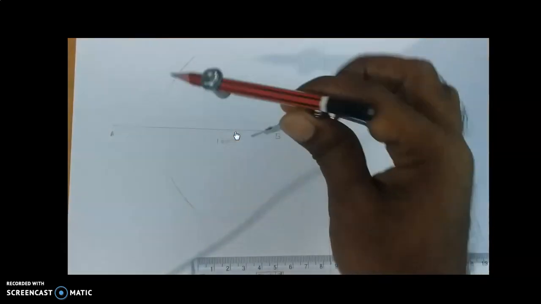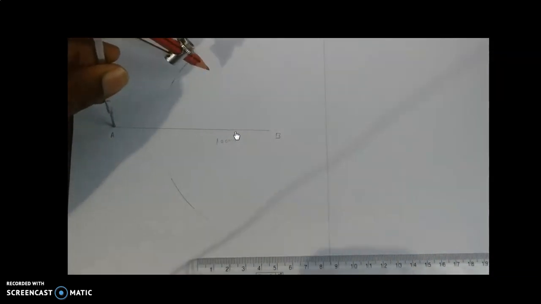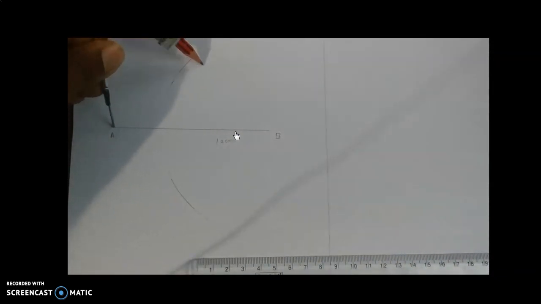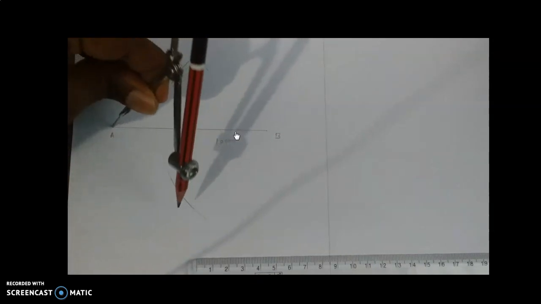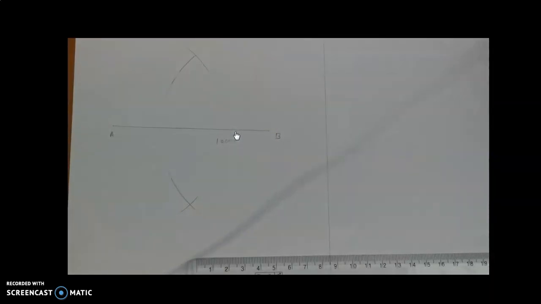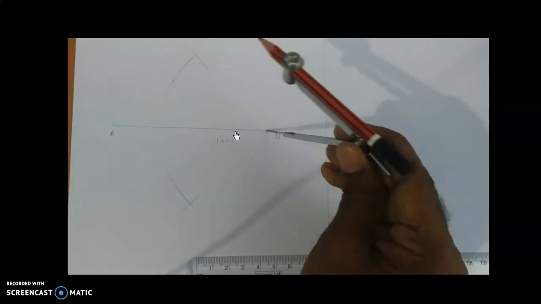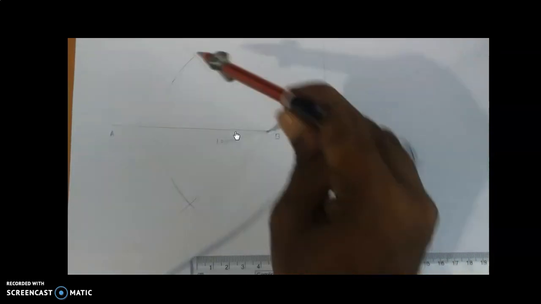And with the same measurement, without changing anything, keep the compass at the other end of the line segment and draw another arc, so that it will intersect the previous arc. Like this, below also. Suppose they are not intersecting, just extend the arc again with the same measurement, so that they will intersect now.